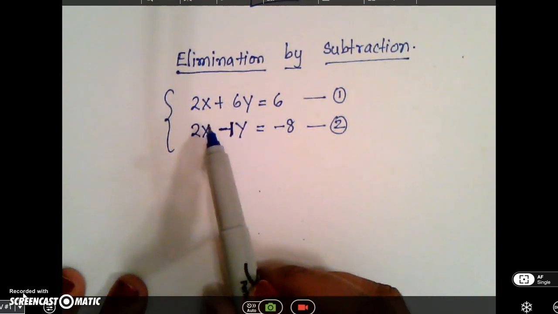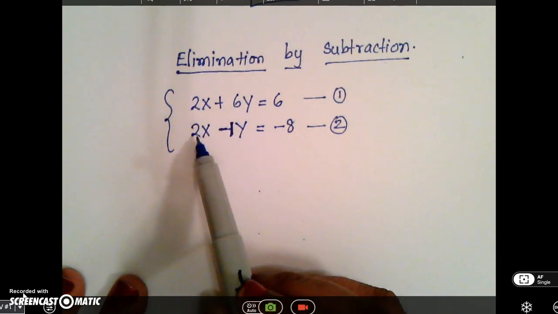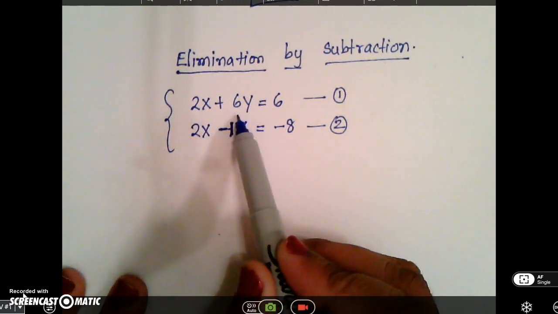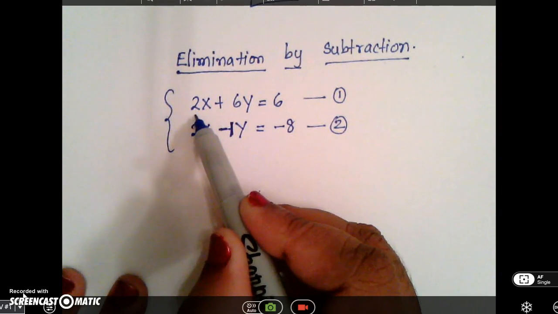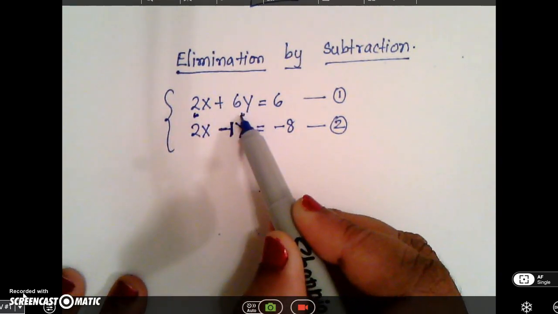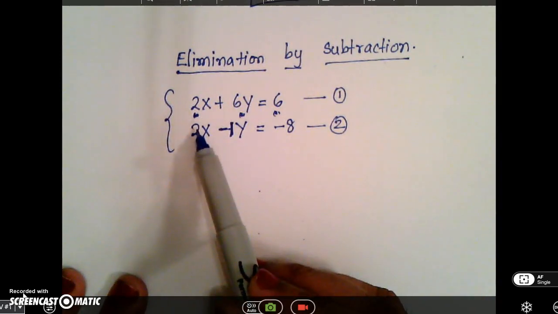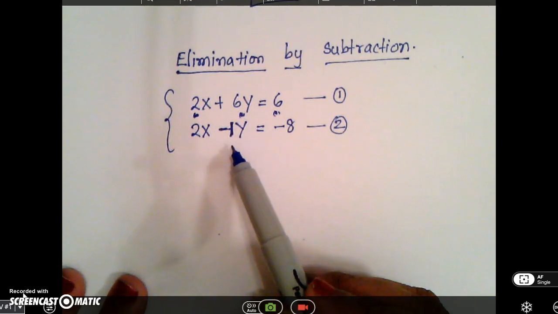So I have these two variables x and y, and I'm seeing that the coefficients of x are one and the same. Now say I'm going to add these two, we're just trying. 2 plus 2 is going to make it a 4. 6 plus negative 1 is going to make it a 5.